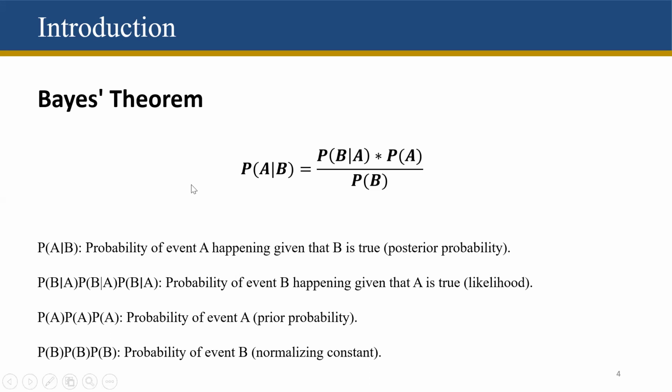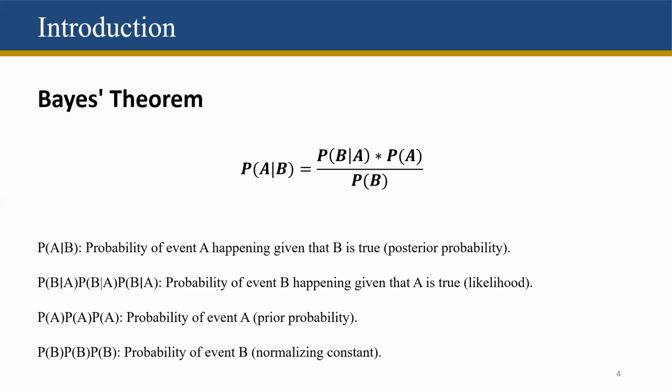All right, so there are a few descriptions of the parameters in the formula. The probability of A given B is the probability of event A happening, given that B is true. That is the posterior probability. The probability of B given A is the probability of B happening, given that A is true, or the likelihood.